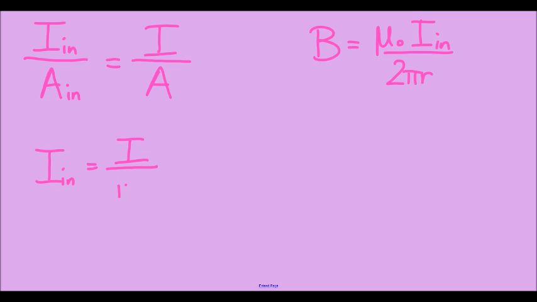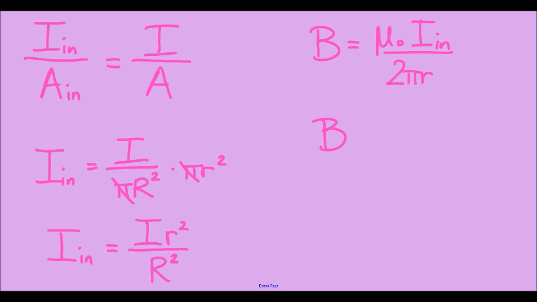And since it's a circle, we use pi r squared. And I'll use a capital R there since that's the radius of the wire, times the area enclosed by our Amperian loop, which would be pi times little r squared. So these two pi's cancel out, and I'm left with the fact that the current enclosed is equal to the total current times little r squared divided by big R squared.